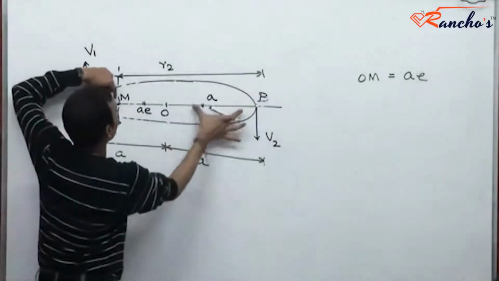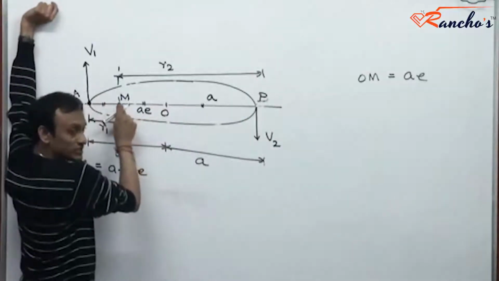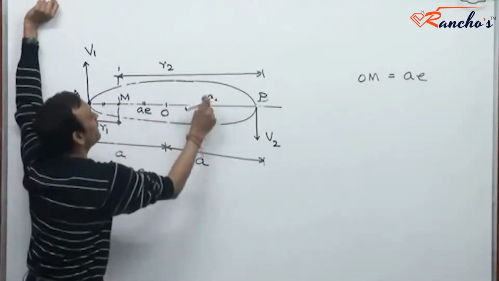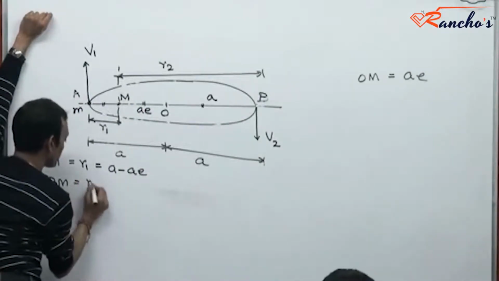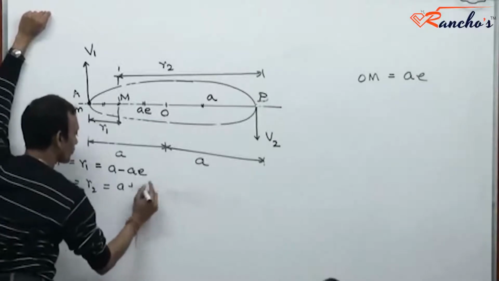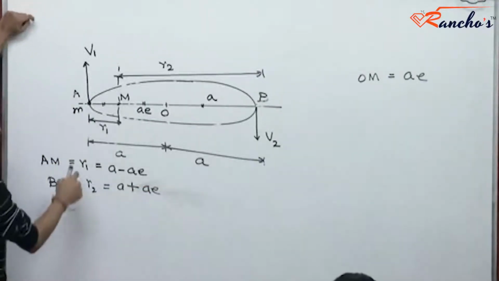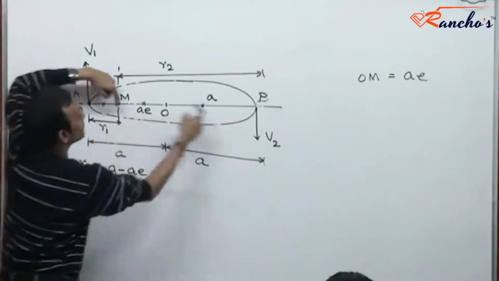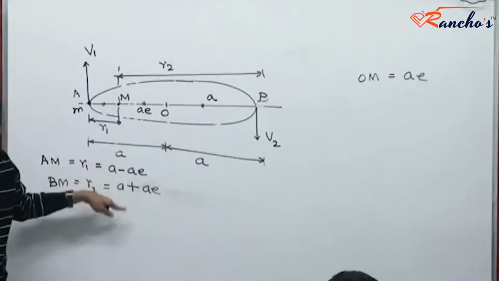Very clearly, r2 would be a plus ae. The distance of the apogee from the focus, the gravitating mass capital M, is going to be a plus ae. And very clearly, r1 plus r2 would be the major axis 2a of the ellipse, which you can see by adding the two.